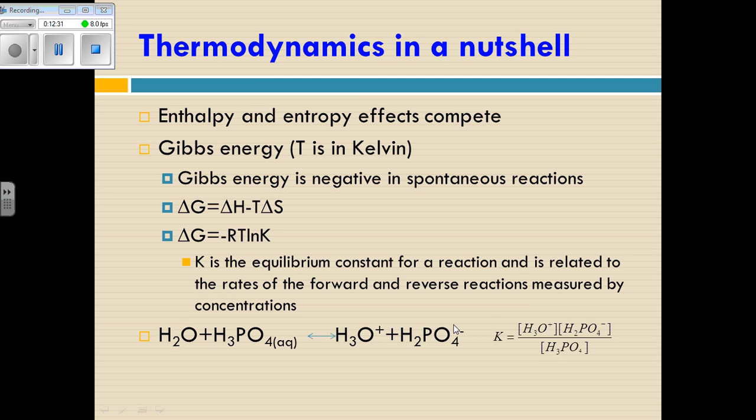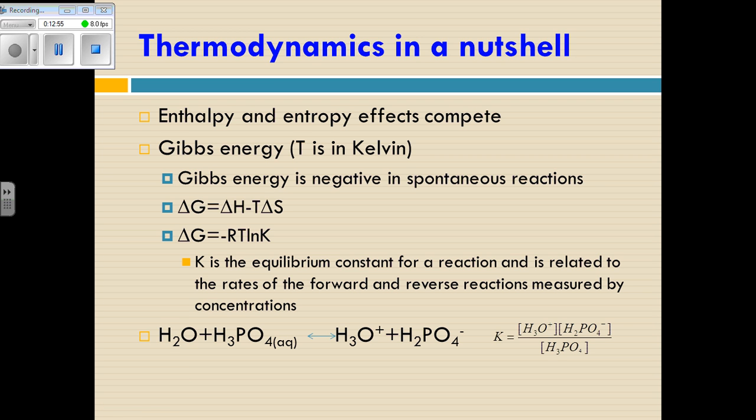The equilibrium constant is the concentration of the products of a reaction over the reactants. Here I did the dissociation of phosphoric acid. I have my dihydrogen phosphate ion and my hydronium ions, my products, on the top. And the bottom is my reactant, the phosphoric acid. We don't include water because water is a liquid.